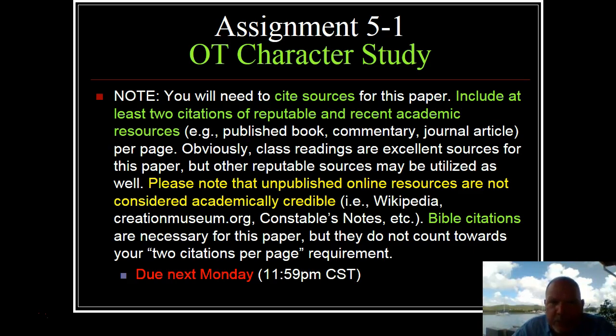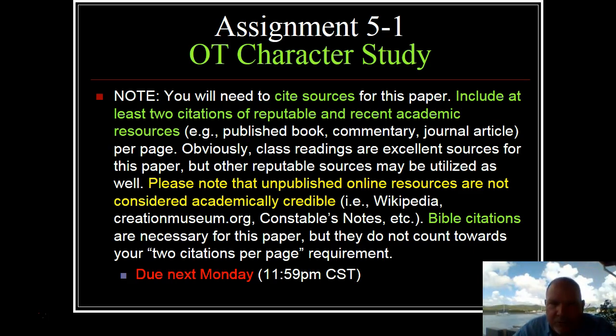So you want that per page. Obviously, class readings are excellent resources for this paper, but other reputable sources may be utilized as well, and in my case are highly encouraged. Please note that unpublished online resources are not considered academically credible. That includes Wikipedia and multiple other online blog type sources.